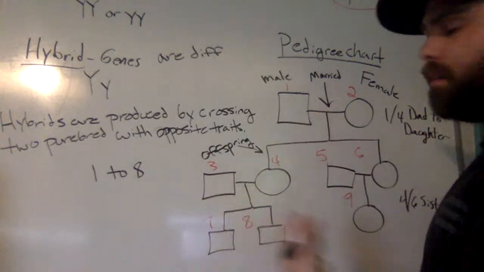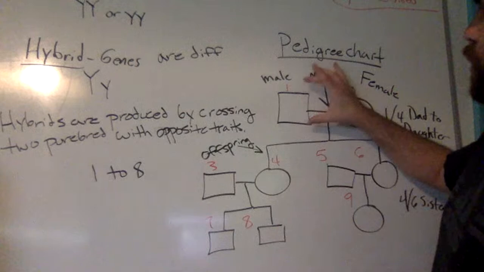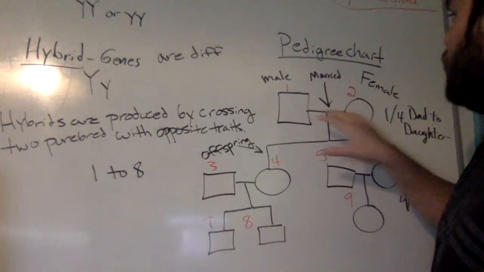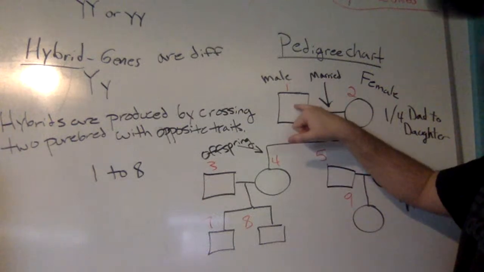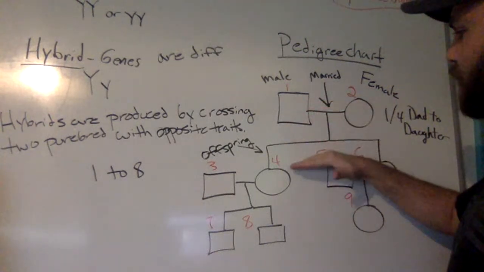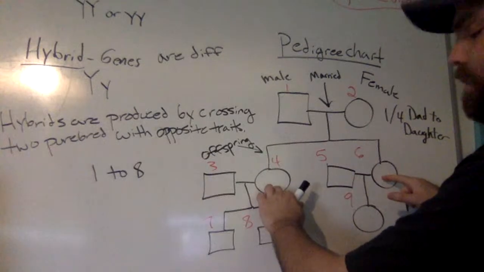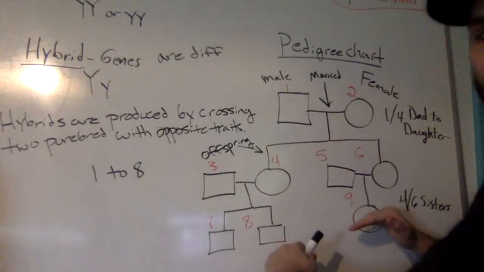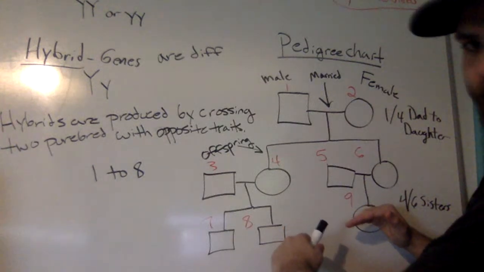All right, so let's say we got the top, right? So this is basically the beginning of your family, okay? So these two people are married. We know it's male, okay? It goes to the next step. So these are their kids. And now this next generation is their kids' kids, okay?